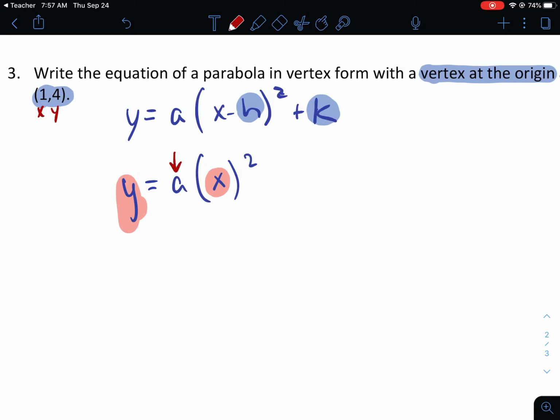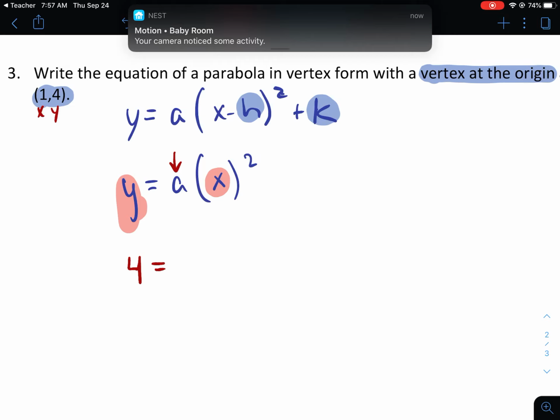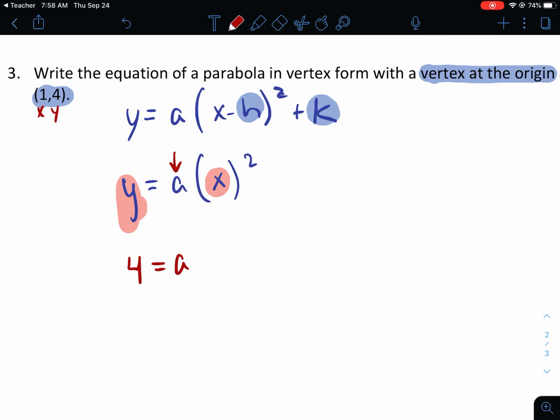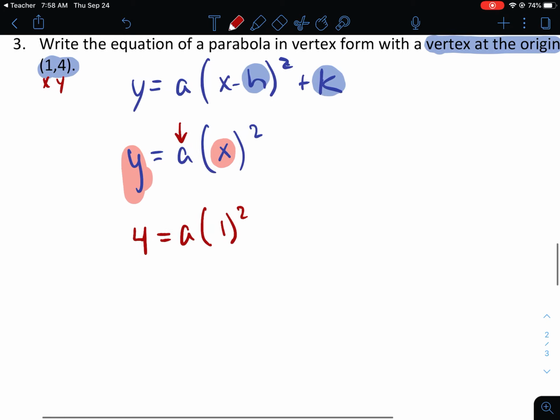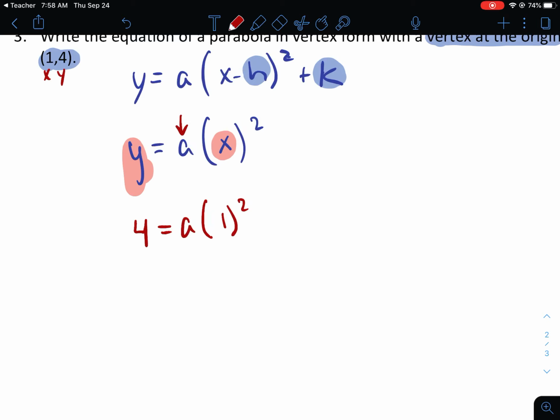So let's plug this in. y is 4, and then we have a, and x is 1 squared, and then we can solve for a. Well, 1 squared is 1, so I just have 1 times a, or a equals 4.